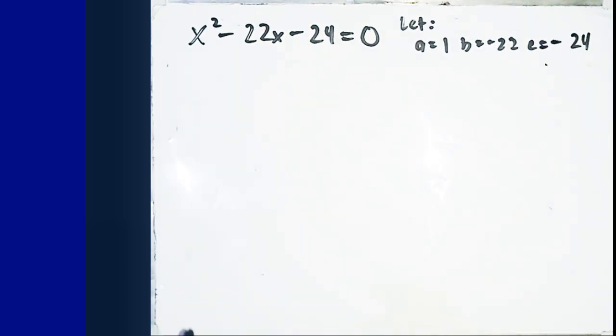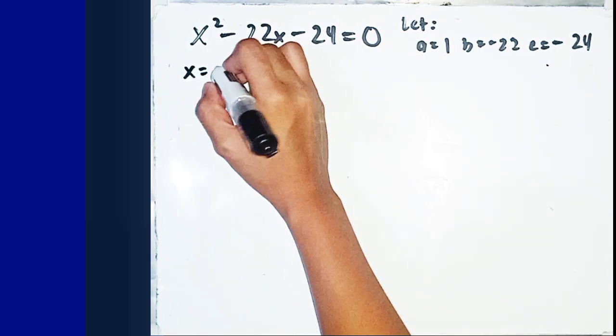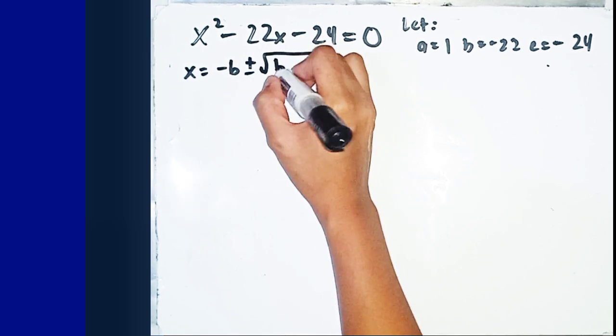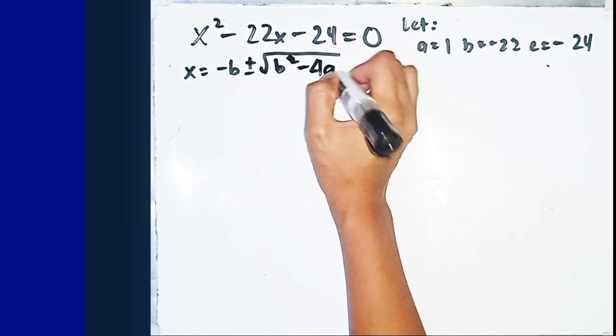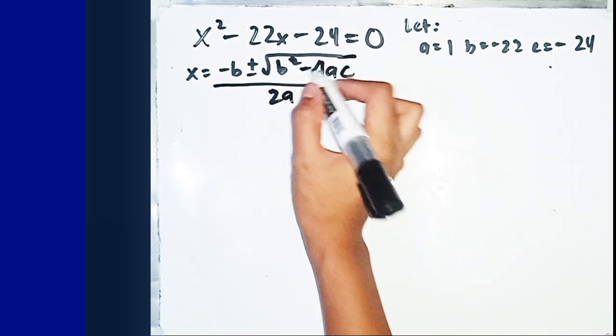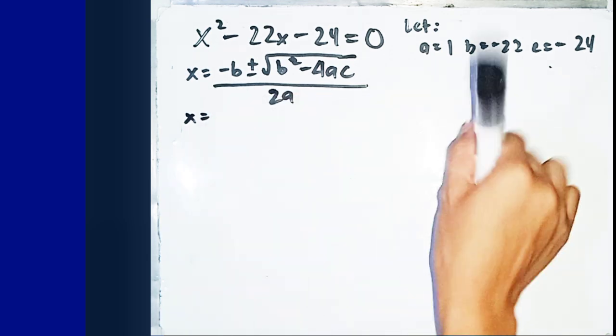So again, what is the quadratic formula? Kindly, can we still recall the quadratic formula? So x is equal to negative b plus or minus square root of b squared minus 4ac all over 2a. Okay, that is the quadratic formula.